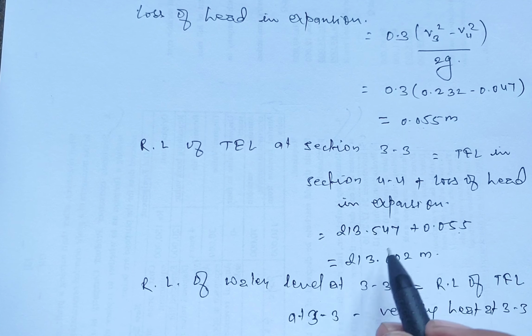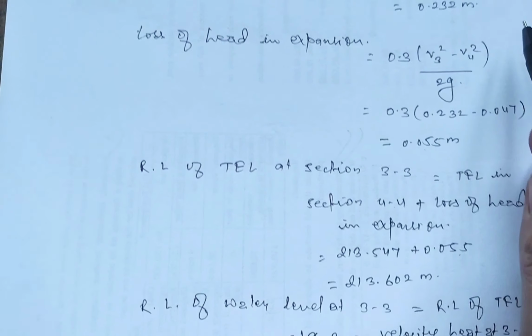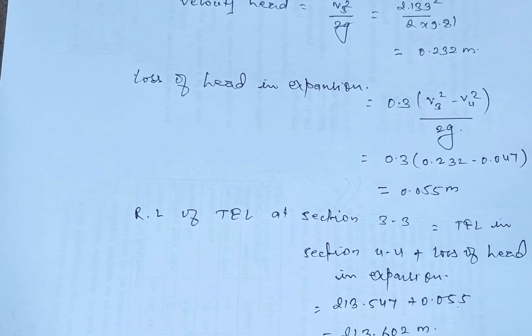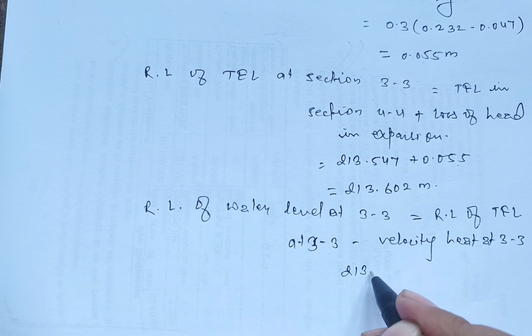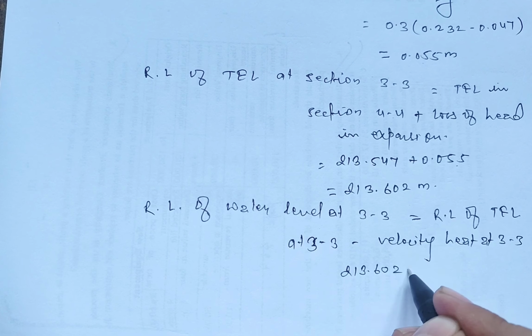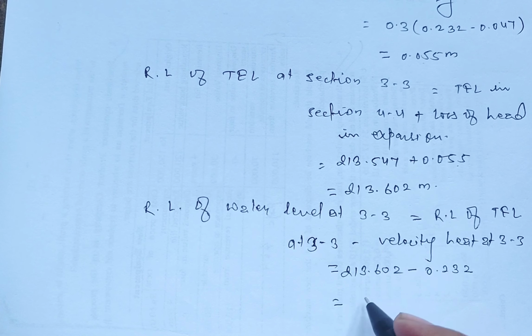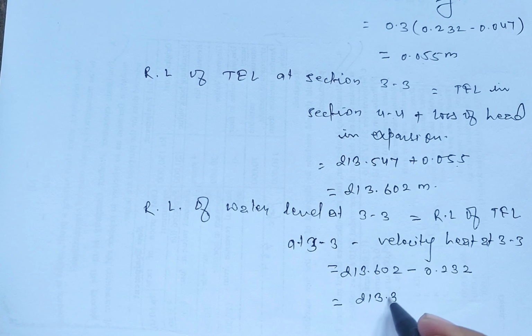This velocity head is subtracted from this: 213.602 is subtracted by 0.232.